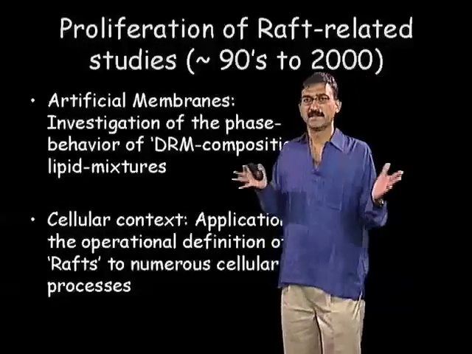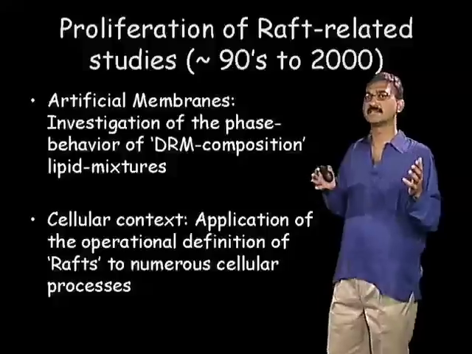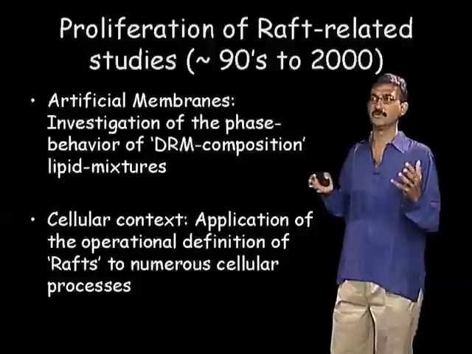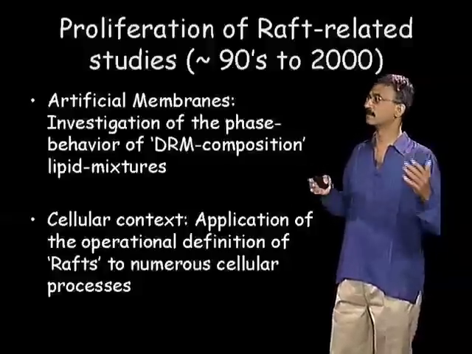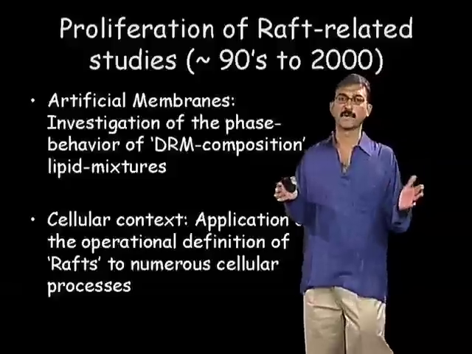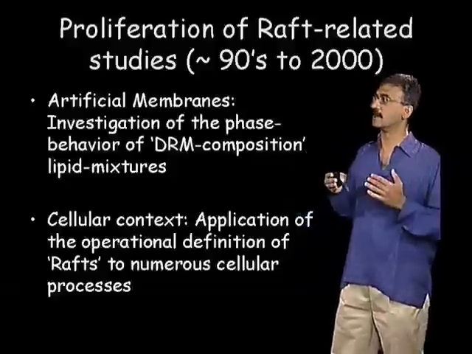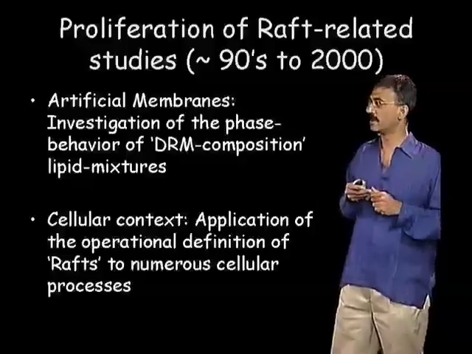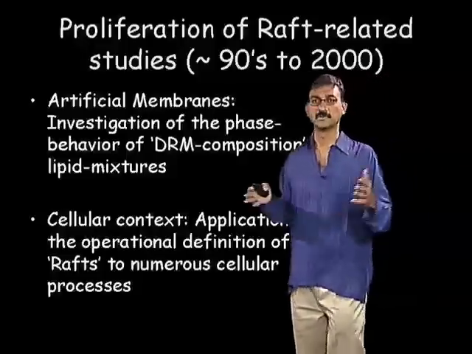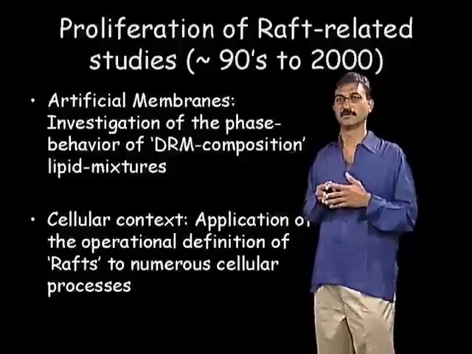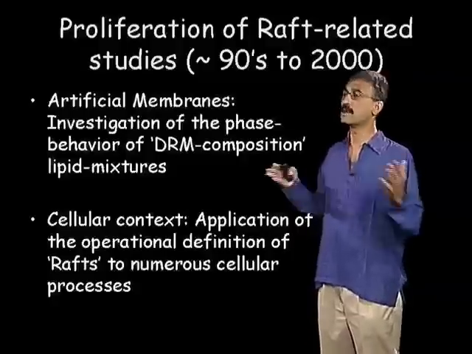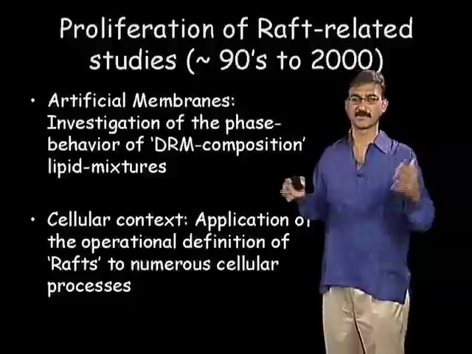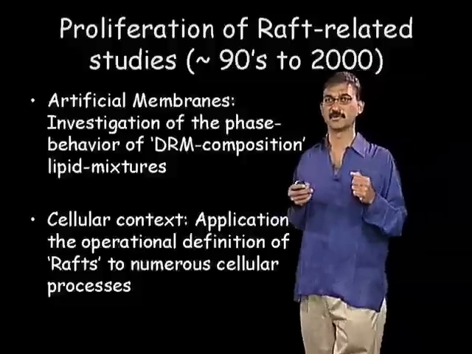So, in fact, this operational definition is a very simple experimental tool. It's easy to use, and a lot of investigators in the field wanted to know whether their favorite cellular process was involving rafts by these criteria or not. And from the mid-90s to, I'd say, till today, a large number of researchers have used this criteria to make claims about membrane rafts in their favorite cellular process.